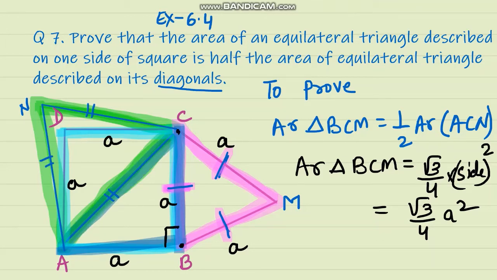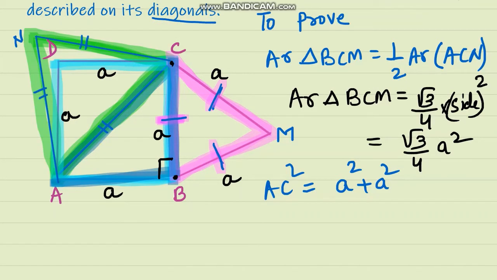Now, if you apply Pythagoras theorem, you will come to know that AC square will be equal to BC square plus AB square, that is a square plus a square. So AC square will be equal to 2a square.